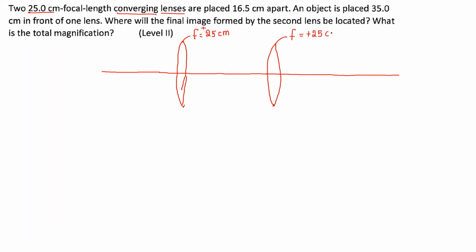Whenever you get problems like this, you have to draw a diagram. Why? Because if you don't draw, it will be so confusing to do a problem. And they are saying lenses are placed 16.5 centimeters apart. So this distance between the two is 16.5 centimeters.